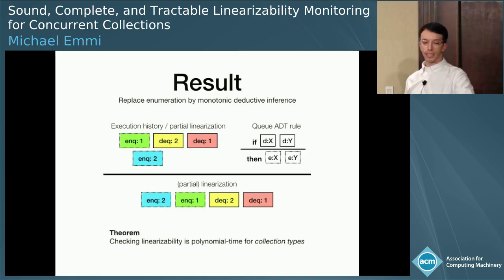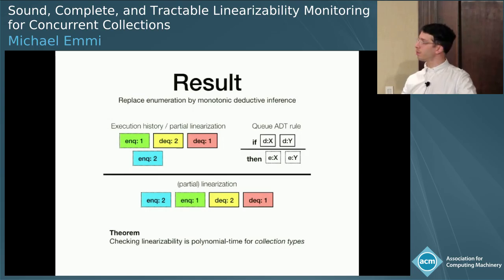So if we think of that as a partial linearization, now we have to try to go towards a more complete linearization. And we can do that using inference rules for a given abstract data type. So for instance, a queue might have an inference rule which says, well, if I have two elements x and y who are DQ'd in a certain order, then their NQs also have to be linearized in the same order. And so based on this kind of inference rule, we can now additionally linearize this partial linearization one step further to a stronger linearization in which the NQs are also ordered.